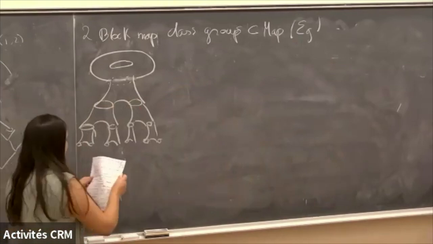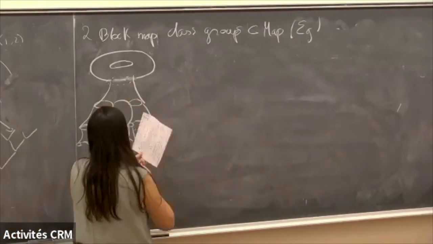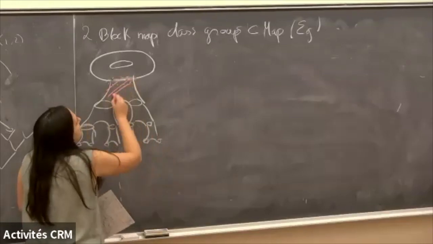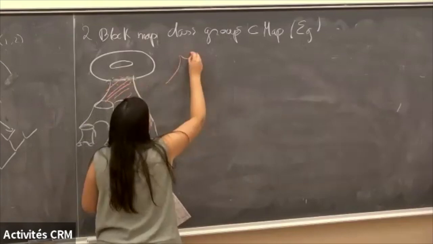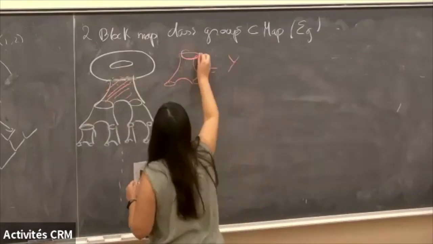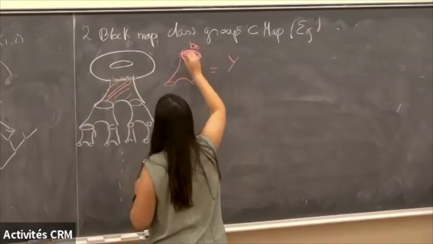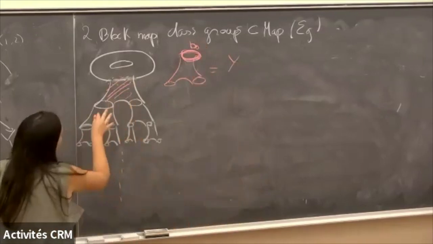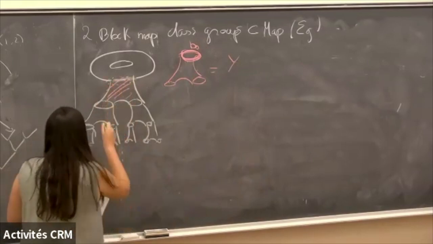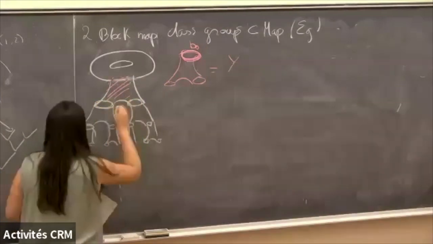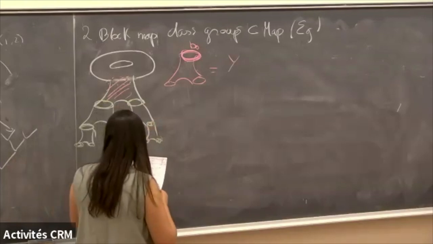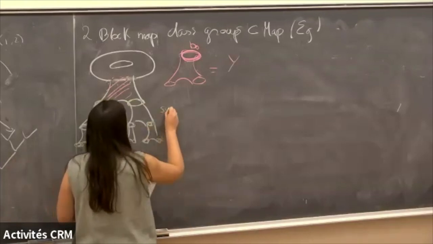So this first piece here, I will call it Y. And this boundary, I will call it B0. And all the others are copies of this, right? All these curves here, I call them suited.